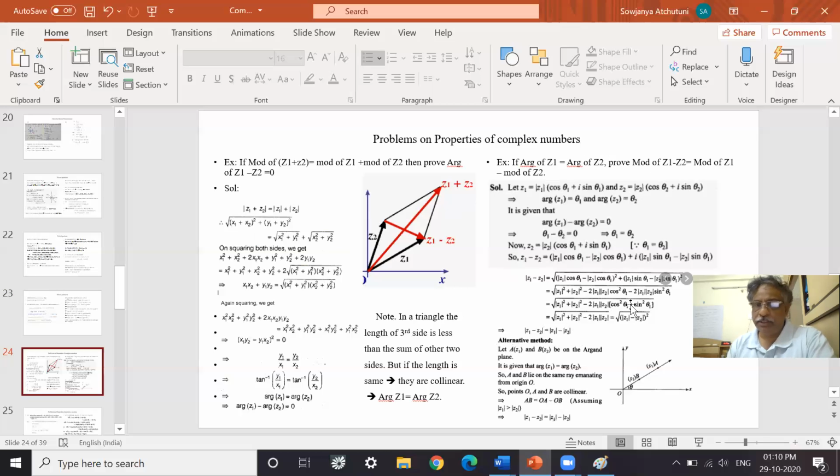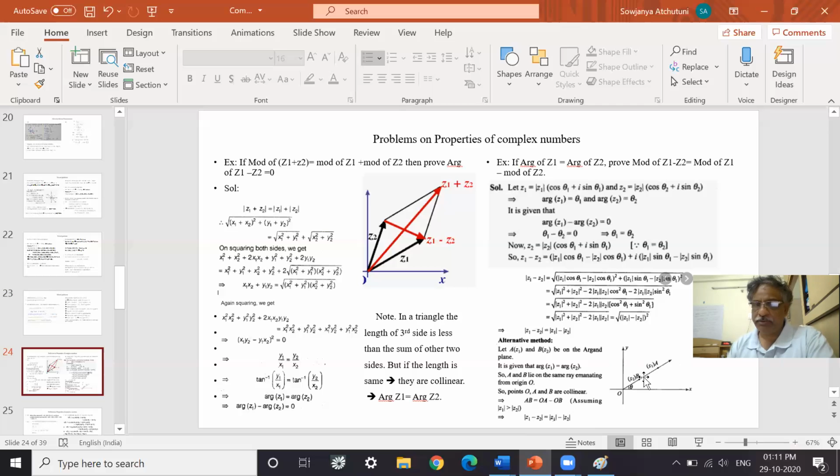You see here, the same concept we can understand with a simple technique by the graphical method. Let OA be Z2 and let OB be Z1, because their argument is the same. They are at the same theta. So what is Z2 minus Z1? It is AB. Z2 minus Z1 is AB.